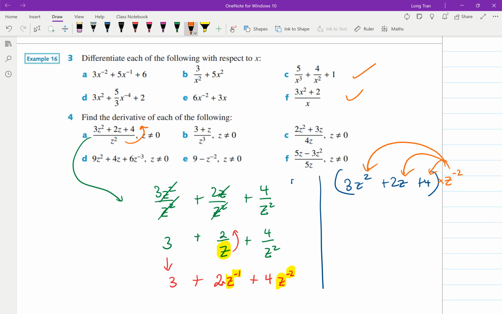If you multiply it, index laws would then give z to the power of 2 plus negative 2, plus 2 times z to the power of 1 times, 1 plus negative 2, and then the other one is plus 4 times z to the power of negative 2. There you go, and you get the same answer. So that's another way to do it too. It's very good. It's true.